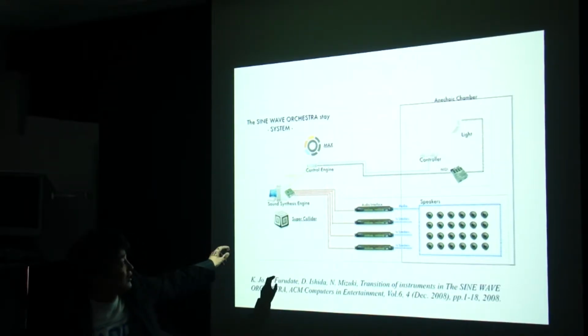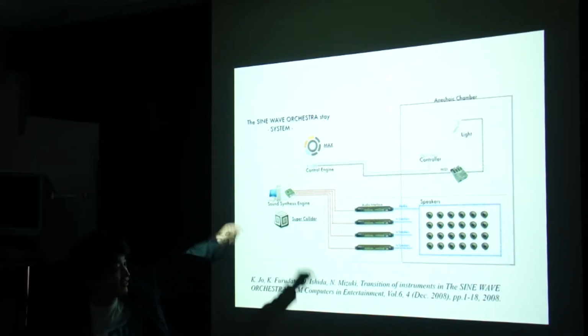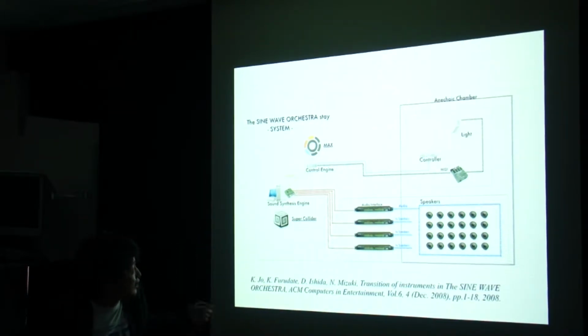It's an audio synthesis programming environment, and it works in a very traditional text-based style. But at the moment, the sound quality of SuperCollider is better than Max. Recently, the sound quality of Max MSP is getting better and better, but at the moment we prefer SuperCollider.